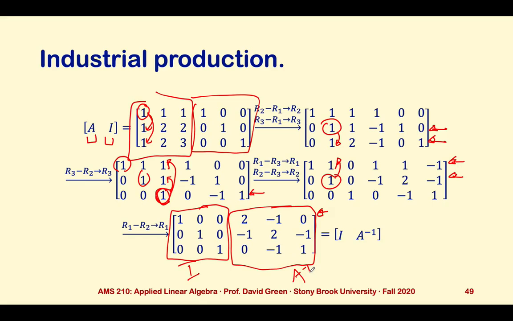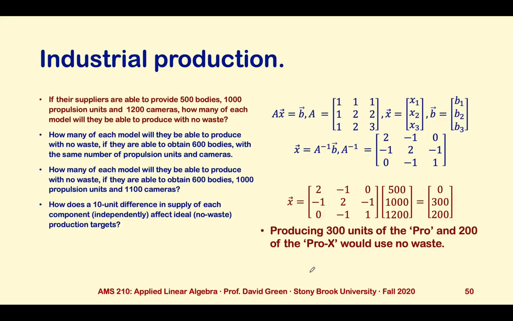Now we've computed the inverse, we can go forward and see how we can use this to answer the questions in this problem. So let's tackle the first one. If the suppliers are able to provide 500 bodies, 1,000 propulsion units, and 1,200 cameras, what's the no-waste solution?